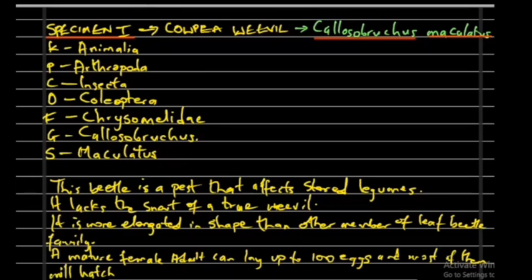She lays the egg on the surface of the bean, and when the larva emerges about 4 to 8 days later, it burrows into the bean.